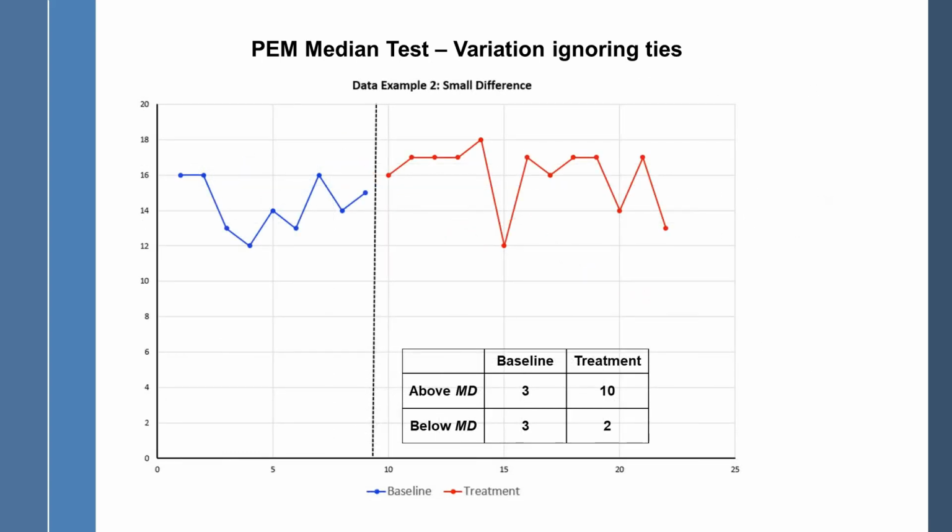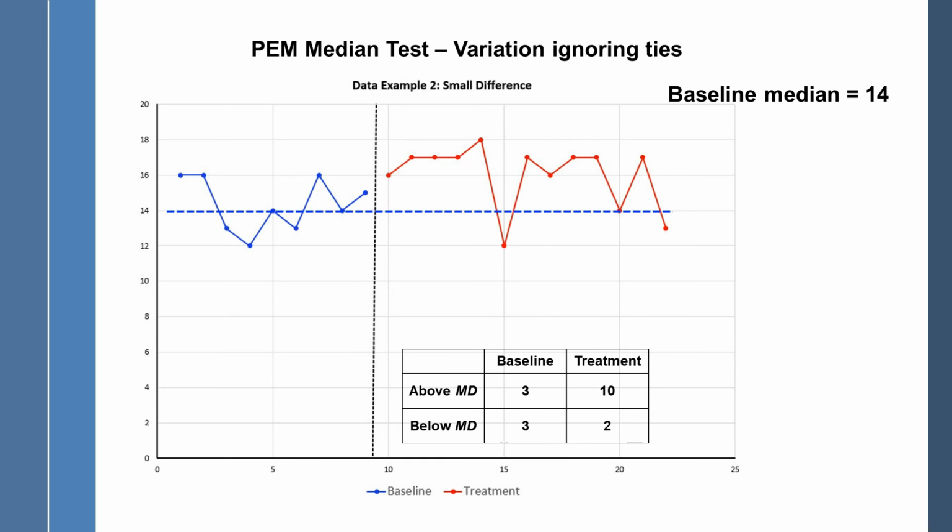So here's another data set, and this one shows a small difference between baseline and treatment. Using the same approach, I take the baseline data, calculate the median, enter my horizontal line at the median score on the y-axis, and count the number of treatment phase data points above and below the line.